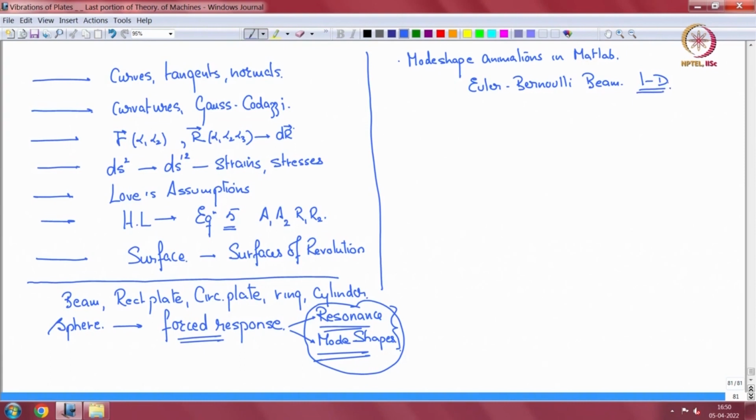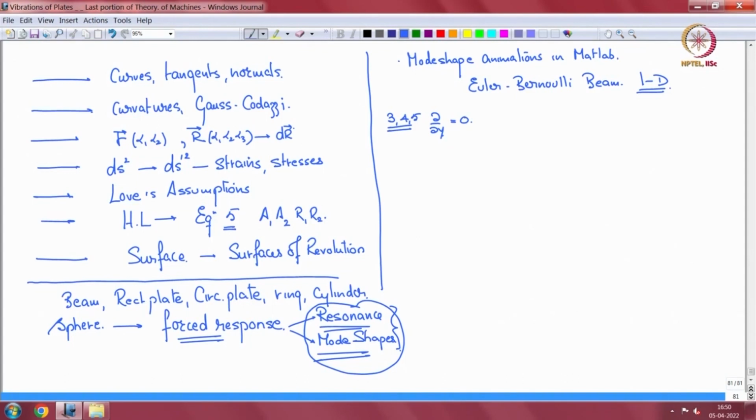You can derive this also from the general system of equations. You will use the third, fourth and fifth equations and set all derivatives with respect to y to 0. Then you will get this 1D Euler-Bernoulli beam equation.